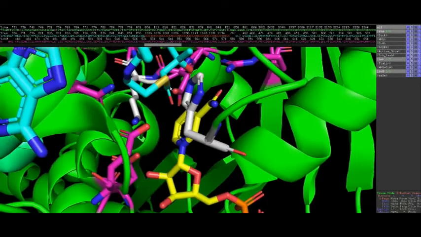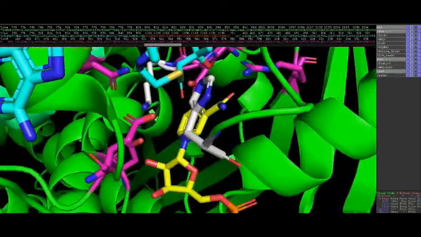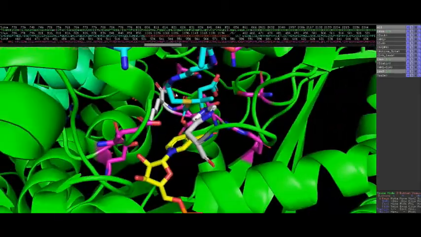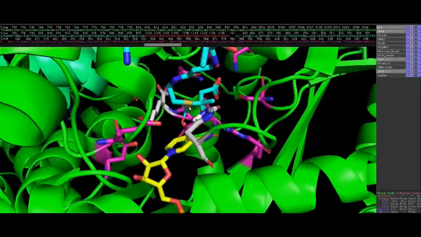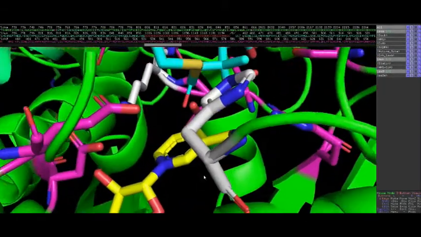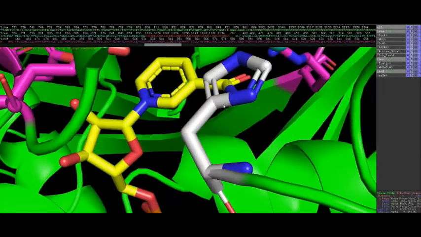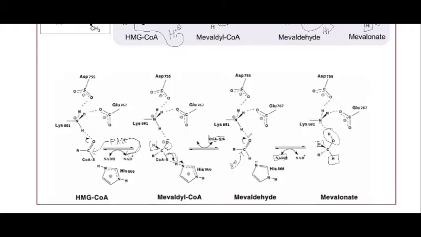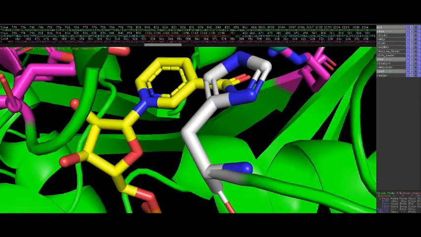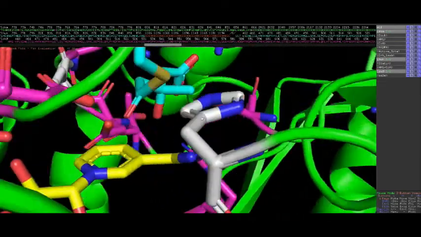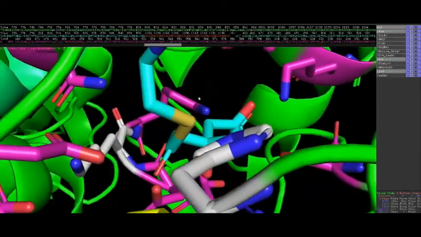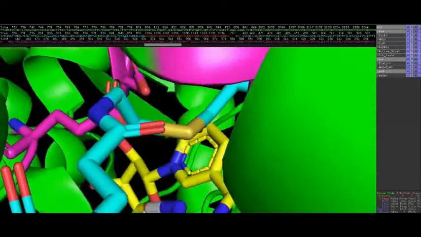So we can see here I have some of the active site residues in stick mode, and I have in gray here the histidine that we saw in our mechanism. So this histidine 866 right here is this histidine, and we can see it is right up here next to this.